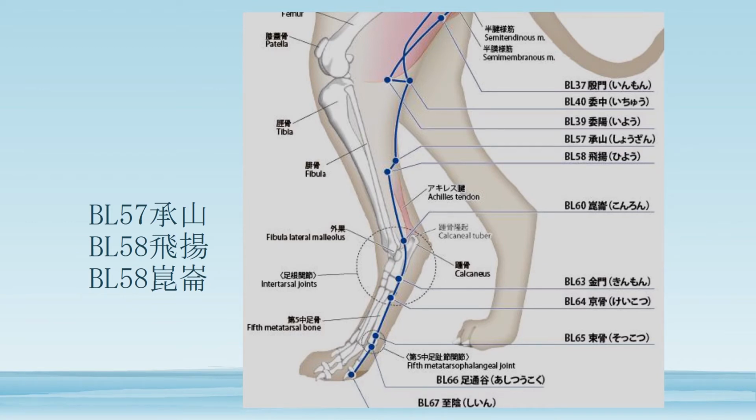After finding BL57, 1 cm below and a little to the outside, there is BL58. And on the ankle, there's the external malleolus and the calcaneal tuberosity. In the middle of these 2 points, there's the acupoint called BL60.